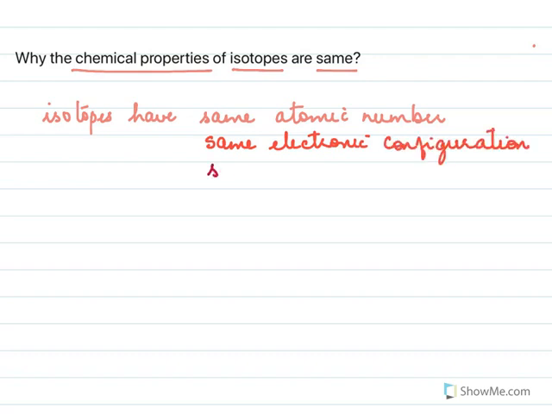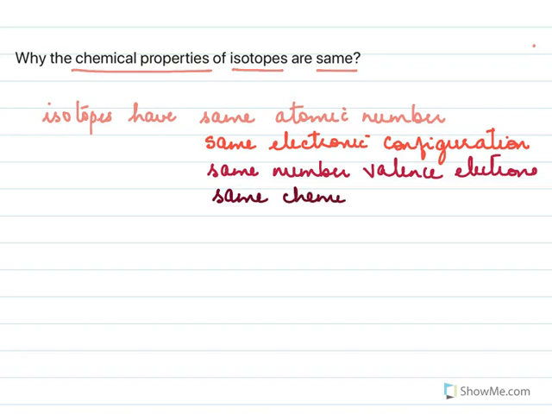And since they have the same electronic configuration, they have the same number of valence electrons. The outermost electrons are the same, and if the valence electrons are the same, they'll have the same chemical properties.